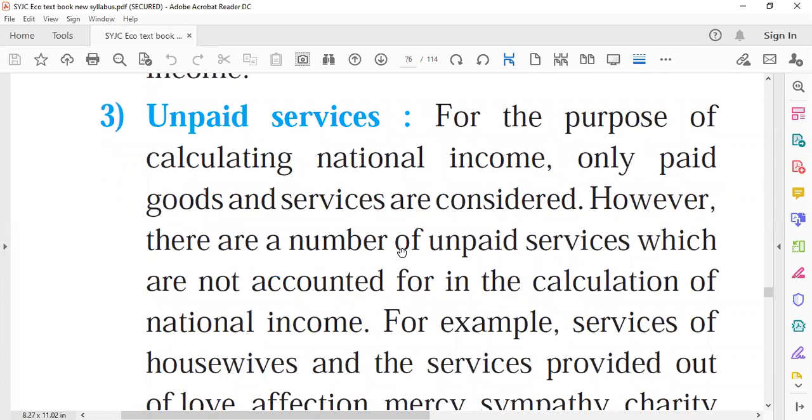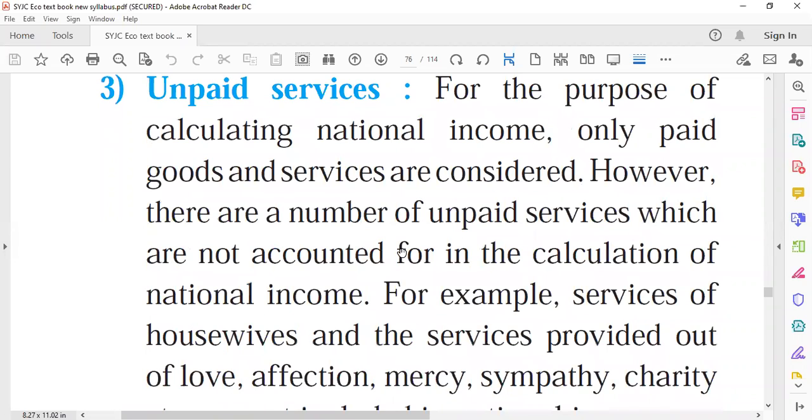Another difficulty that we face in the calculation of national income is unpaid services. As we had seen in the definition of national income, national income includes only those goods and services for which we are making the payment.